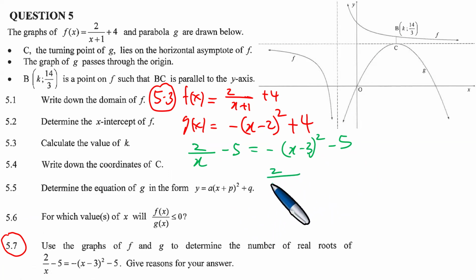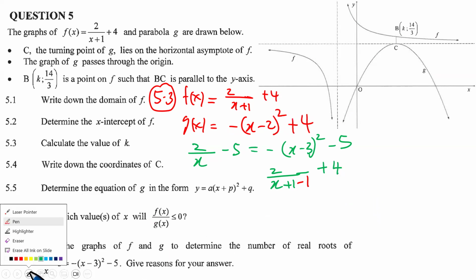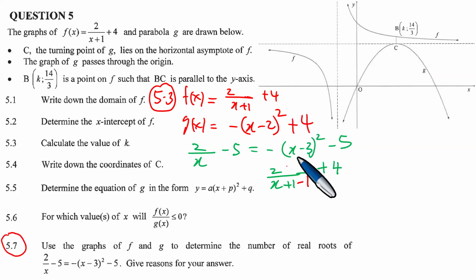We have 2 over x, and according to the original, you'd have x plus 1, and then now we're going to put a minus here. Now look at the colors. The original has a +4. You therefore have to achieve a -5, and you can only do that when you subtract a 9, because 4 minus 9 is a -5.